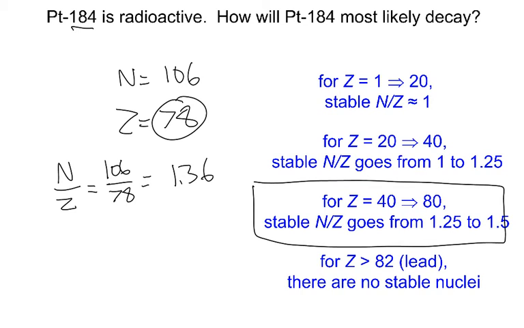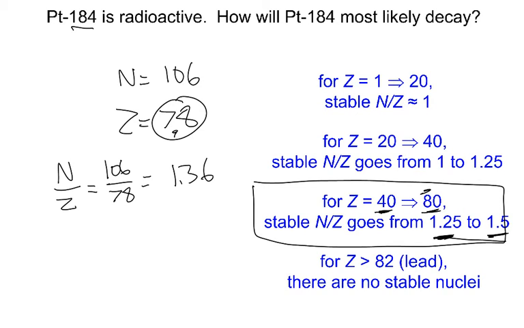And then I see that 78 is pretty close to 80. It's not true that if the N to Z ratio is in this range, it's stable. What this means is for atomic numbers around 40, we want the N to Z ratio to be close to 1.25. For atomic numbers close to 80, we want the N to Z ratio to be close to 1.5.